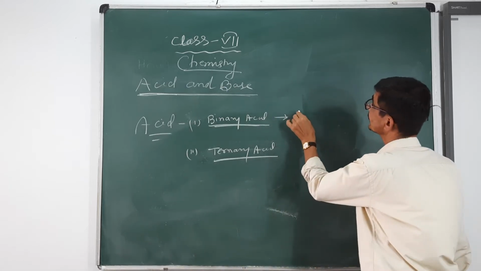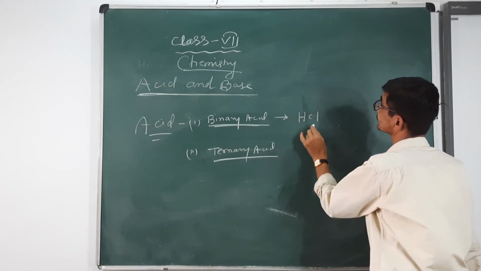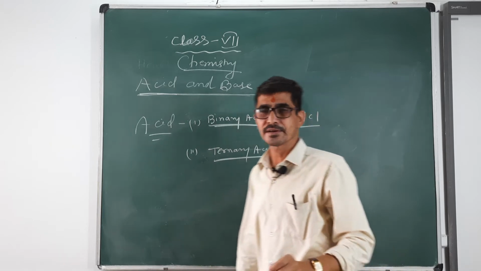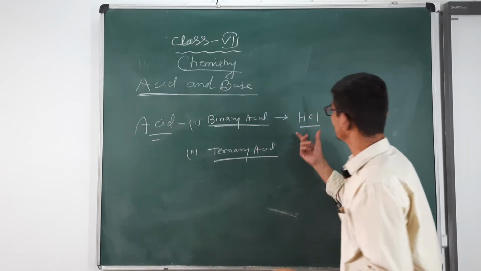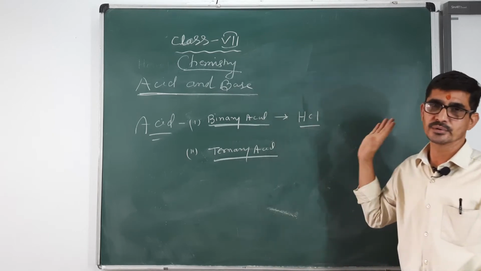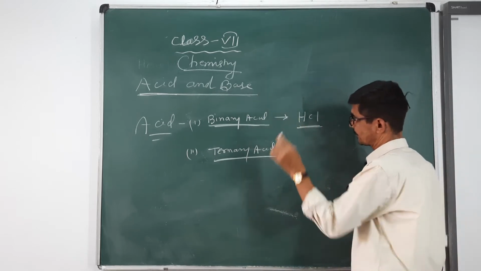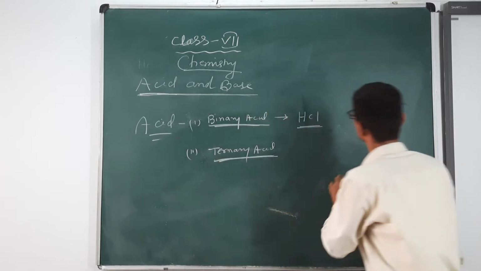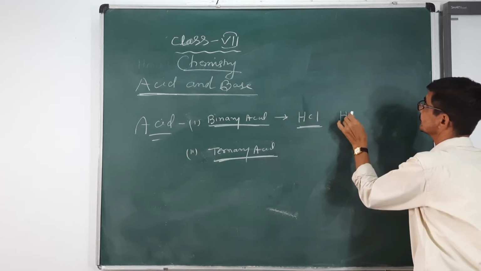For example, hydrochloric acid is a binary acid. Why? Because hydrochloric acid is formed by two elements, hydrogen and chlorine. So it is called binary acid. It is also known as hydro acid.